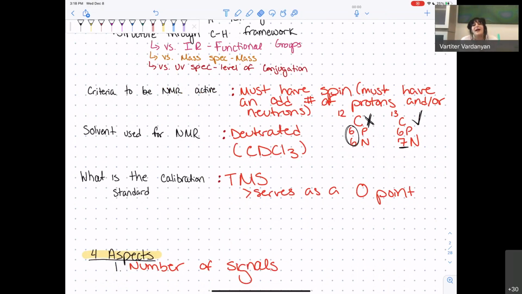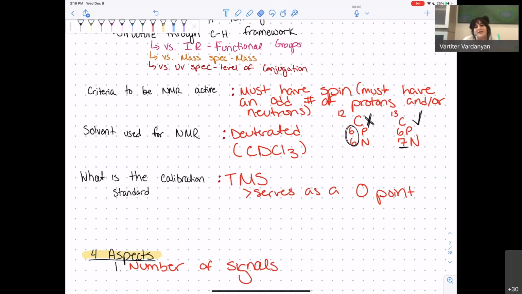If we compare carbon 12 and carbon 13, carbon 12 has 6 protons, 6 neutrons, not an odd number in sight. It is not active. Whereas carbon 13 has 6 protons, 7 neutrons. We have an odd number in there. Therefore, it is active. Yay.